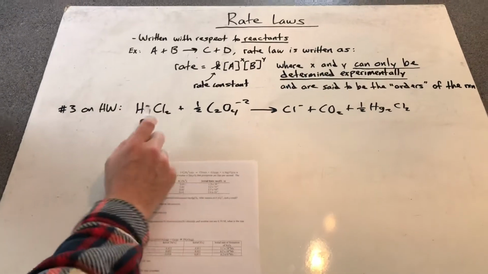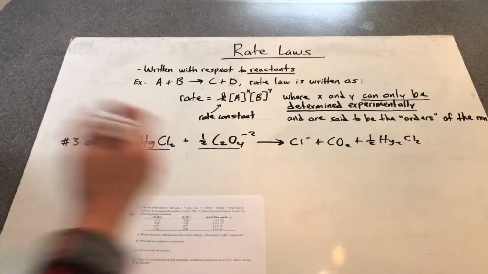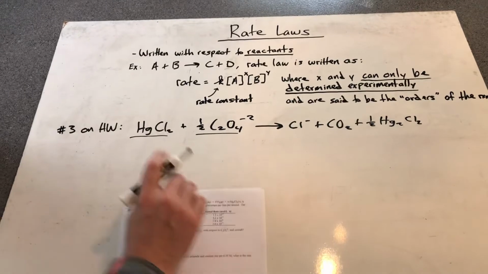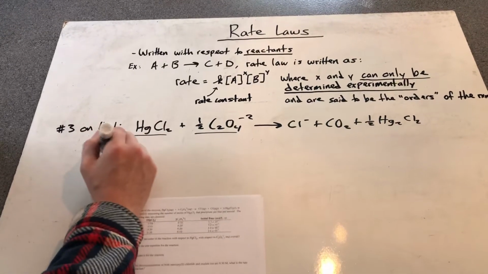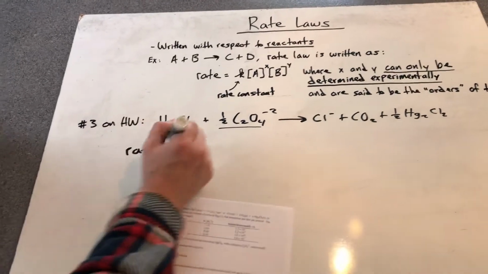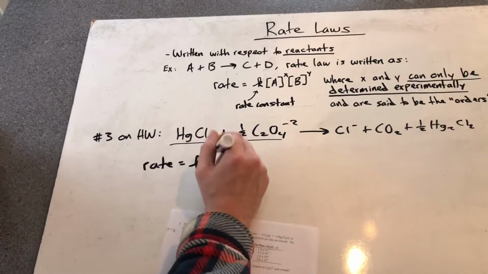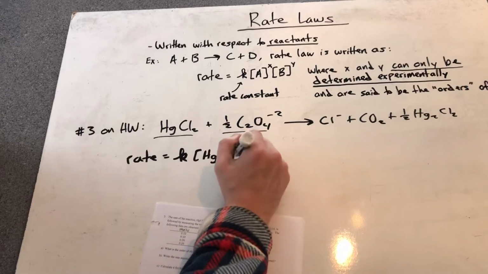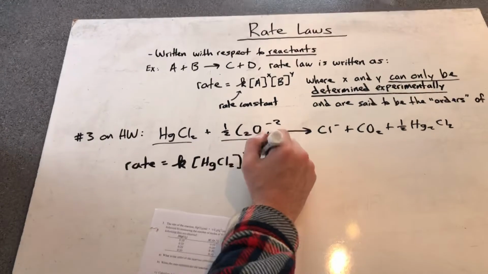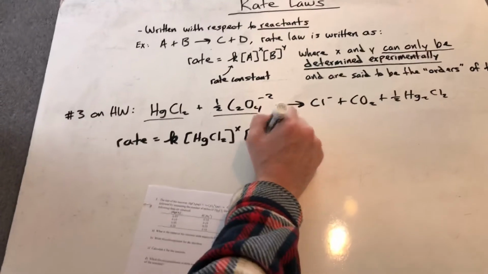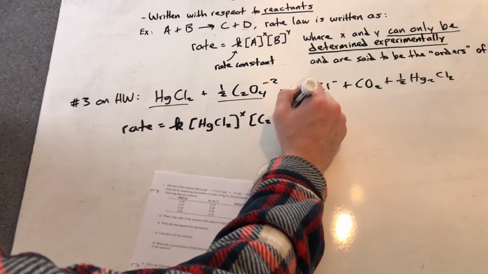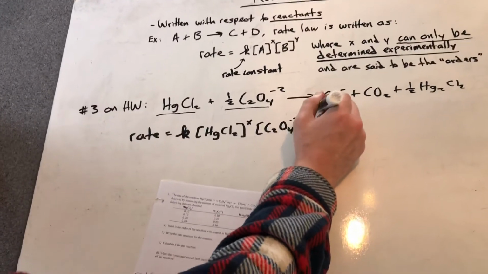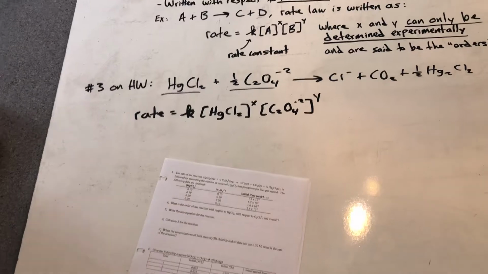So we only really care about the reactants in this case. So we're going to write the rate law expression with respect to these reactants. So it's going to look something like rate is equal to K times the concentration of HgCl2 to some power times the concentration of C2O4 2- to some power as the generic formula.